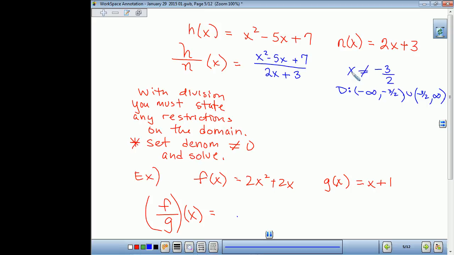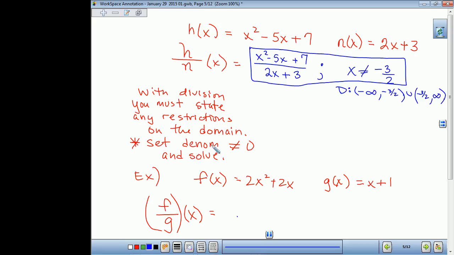Okay, so this is the restriction. Now, the answer to any of these division problems is both parts. With division, you must state any restrictions on the domain. You guys are really good at doing this in your head, so you don't even usually do that.